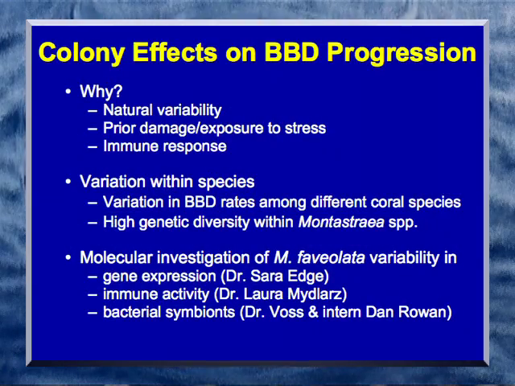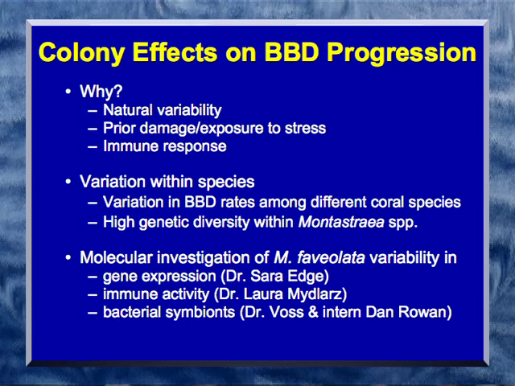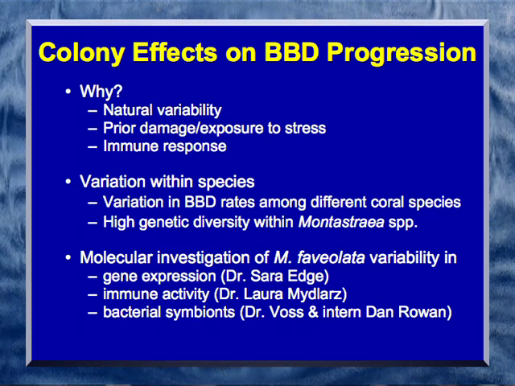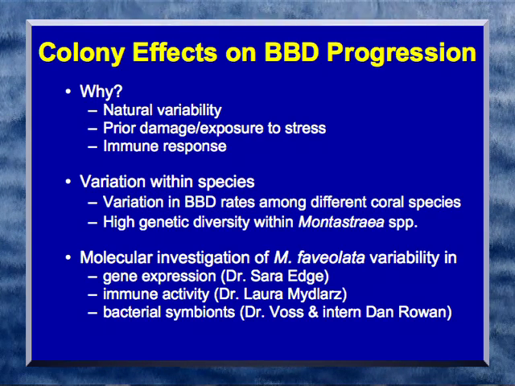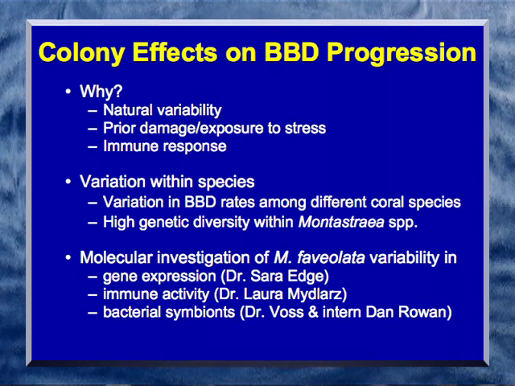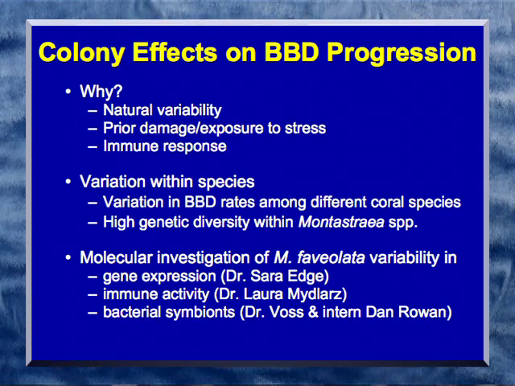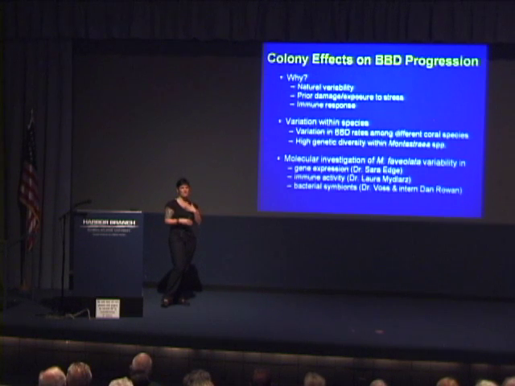We were surprised, and we said, well, why is this happening? And there are some hypotheses we have, including natural variability between the colonies. Some of the colonies could have had prior exposure to stress, so they already had an immune system reaction, and that immune system helped them to be more disease resistant, and that is what happens to us when we catch the flu.